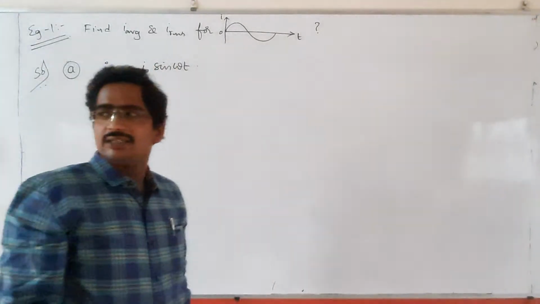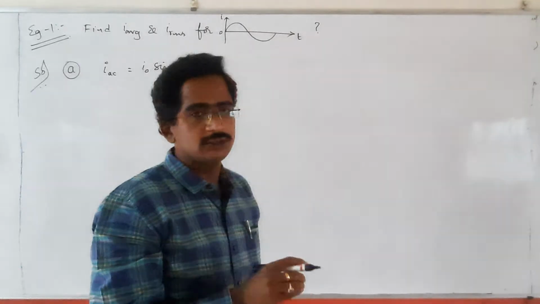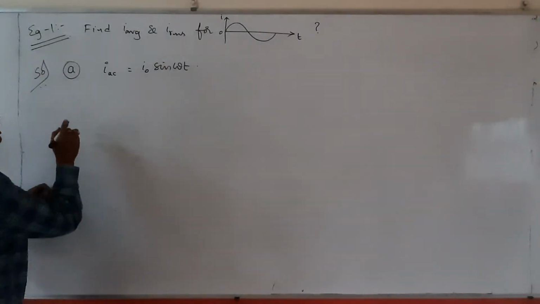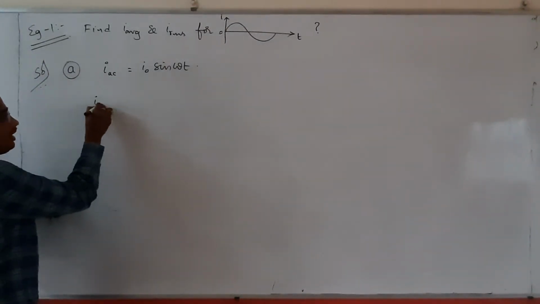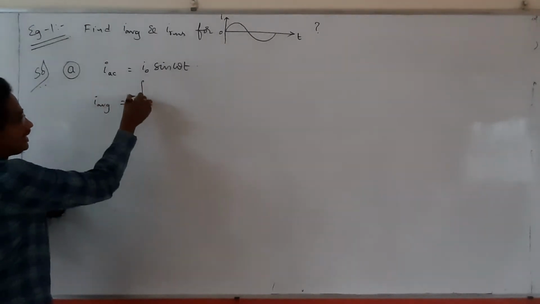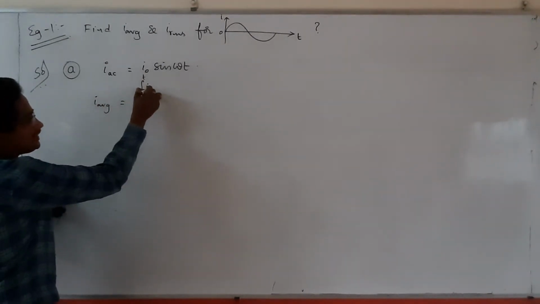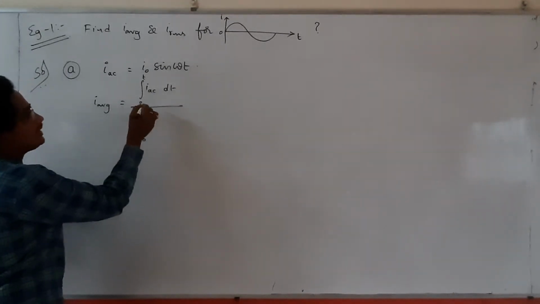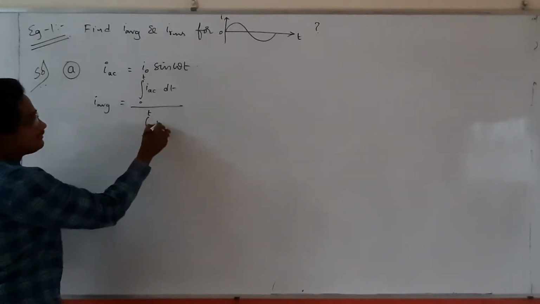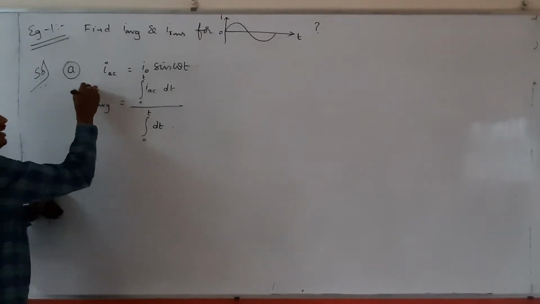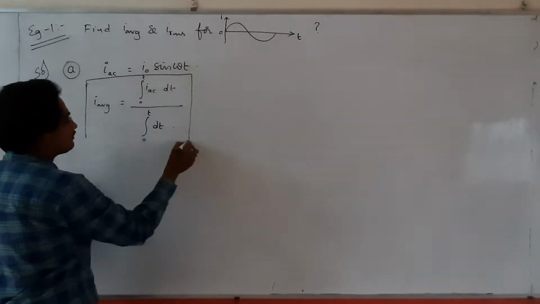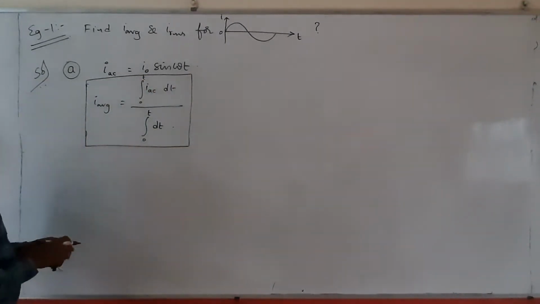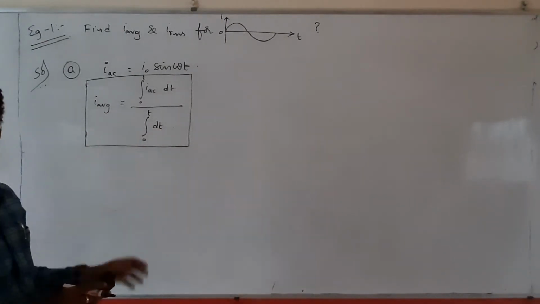So if you apply the I average formula, what is the I average formula? Integral 0 to T IAC dt divided by integral 0 to T dt. This is the fundamental equation of average current that I am applying here.